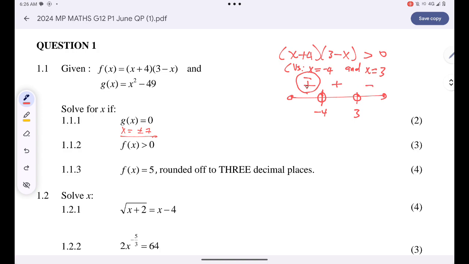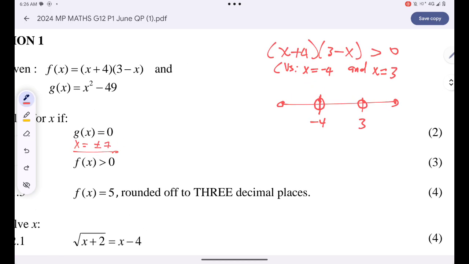If I started with a positive, I'll end up having a positive and a positive again. Are you together? So now let's determine which sign should go there, a plus or a minus. Over here, I have a positive coefficient of x, and over there I have a negative coefficient of x. So the coefficients of x have different signs. That means I should place a minus over there.